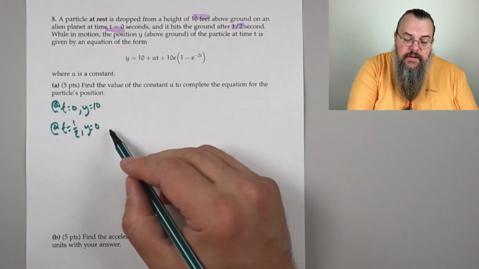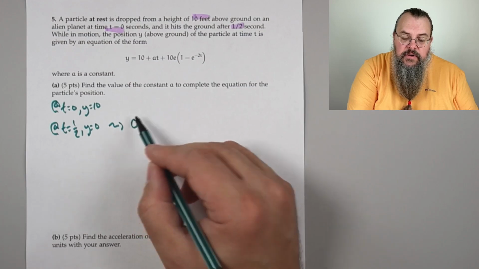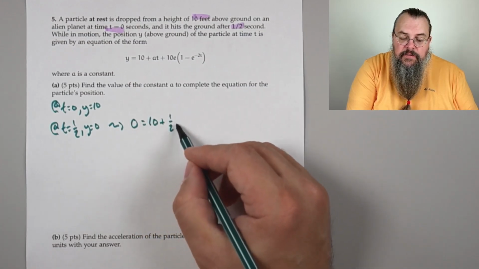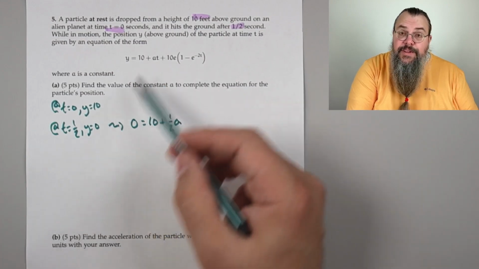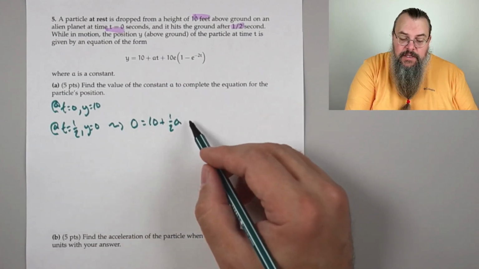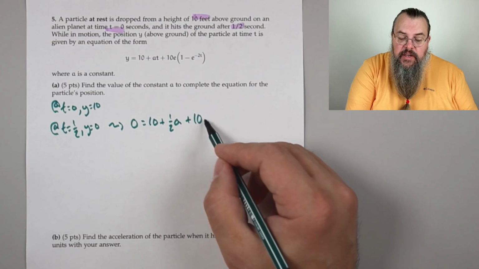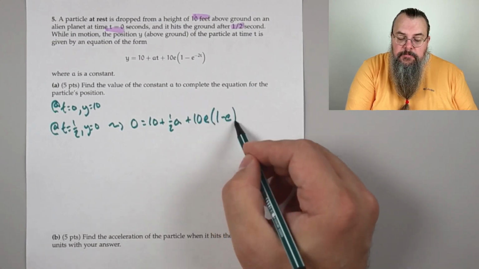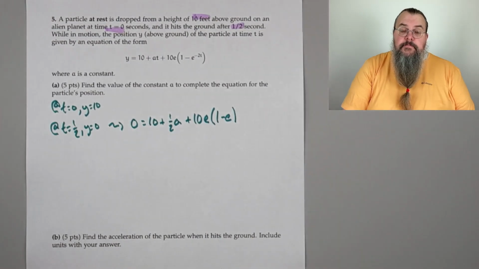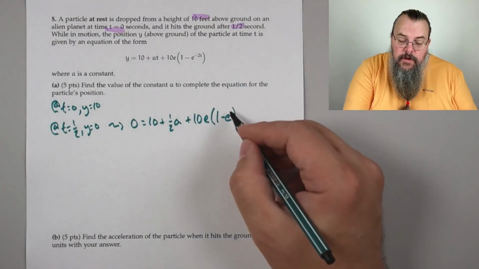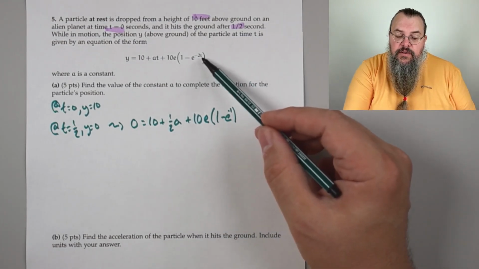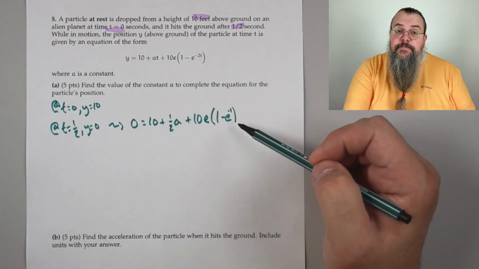So we have that 0 is equal to 10 plus 1/2 a, because we're plugging in t equals 1/2, and then plus 10 times e times 1 subtract e to the minus 1. E to the minus 2 times 1/2 is minus 1.